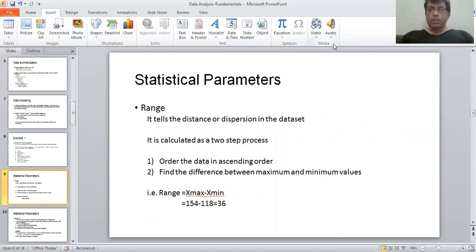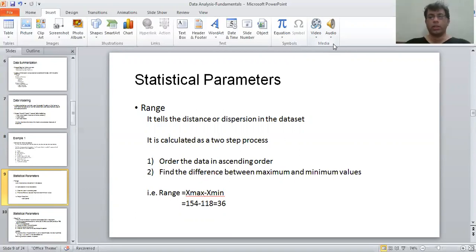Remember, my dear students, if you come across a new word in your technical subjects, it is much better to first find the dictionary meaning of it. If we know the dictionary meanings of the technical jargon that we come across in these subjects, then sometimes understanding the concept becomes much easier. Like for example, we have to find the range of the data set.